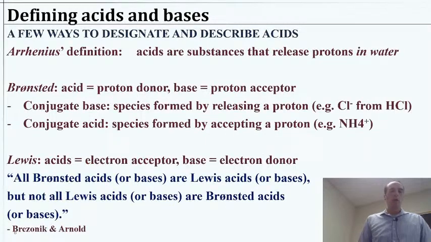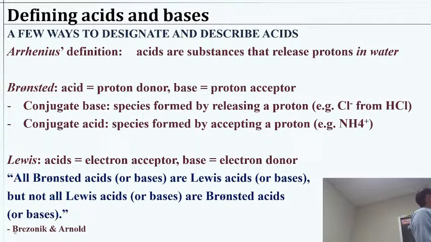Okay, so a few definitions for our acids and bases, and we've likely seen these before in Gen Chem or elsewhere. One of the first definitions of what is an acid was Arrhenius, and he said that acids are substances that release protons in water. And the key there is in water.